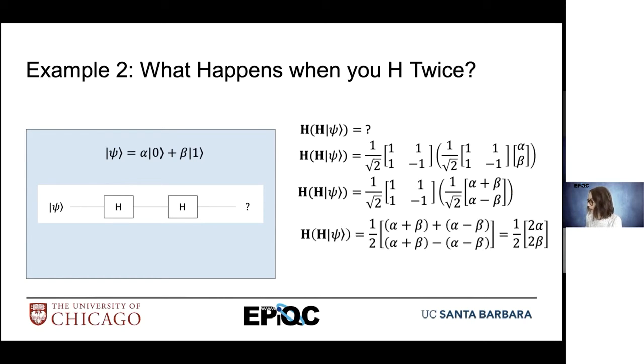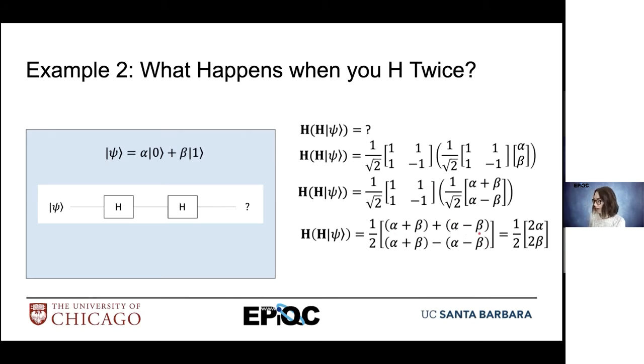And now we'll look at the second evolution of the state through the second Hadamard operation. So we have alpha plus beta, and we do our rows, columns multiplication again. So we have alpha plus beta plus alpha minus beta in this top element, alpha plus beta minus alpha minus beta in the bottom.